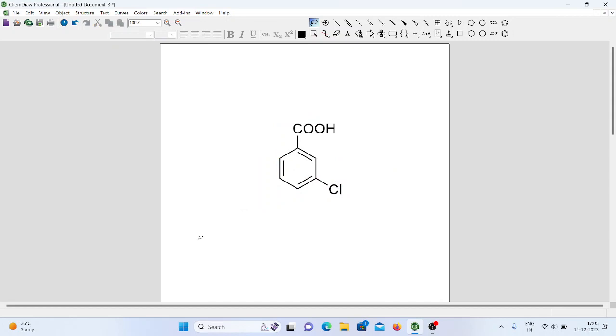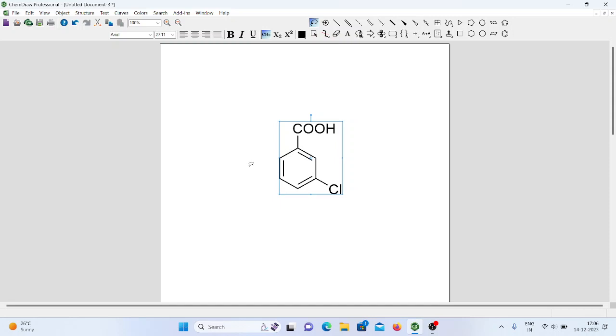Okay, now let's see the data of this particular molecule using the spectral techniques. Let's see the first one, that is the mass spectral technique. What is the mass spectral data of this molecule? Okay, how can we retrieve the data related to mass spectral?